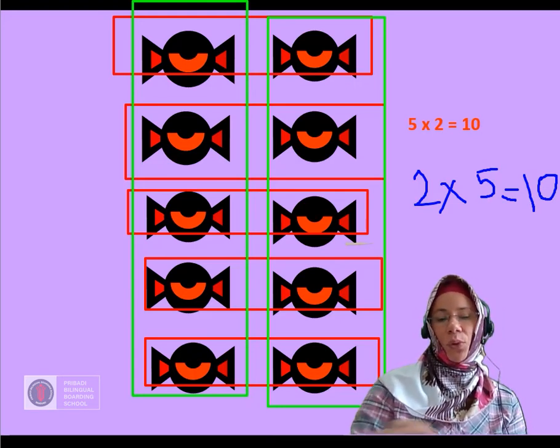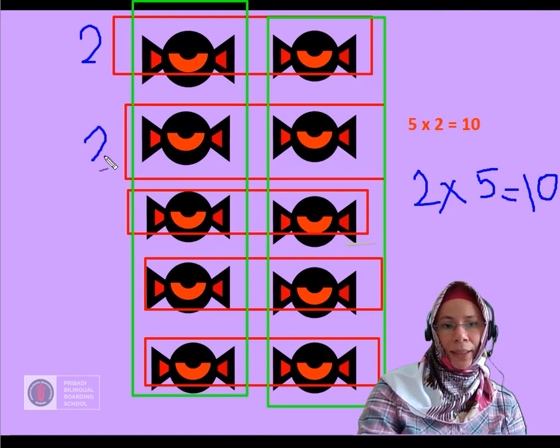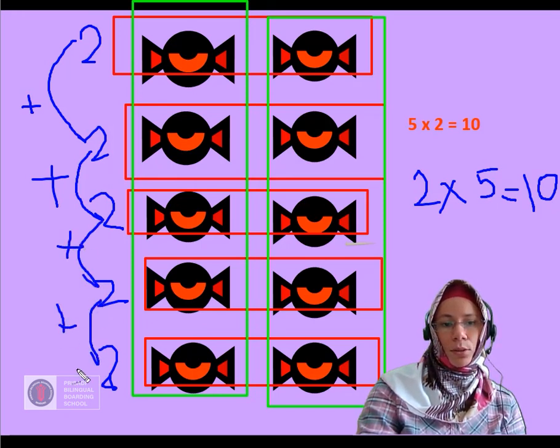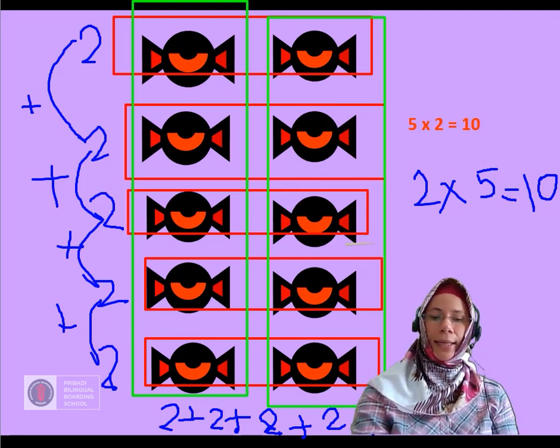Okay, so how can we write this as a repeated addition? So we can use the rows. How many rows do we have? 5. In each row how many? 2. So 2 plus 2 plus 2 plus 2 plus 2 equals the total, 10.